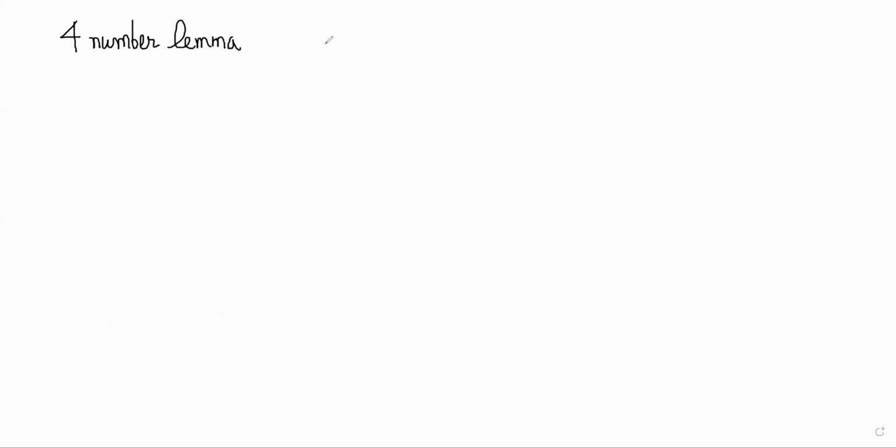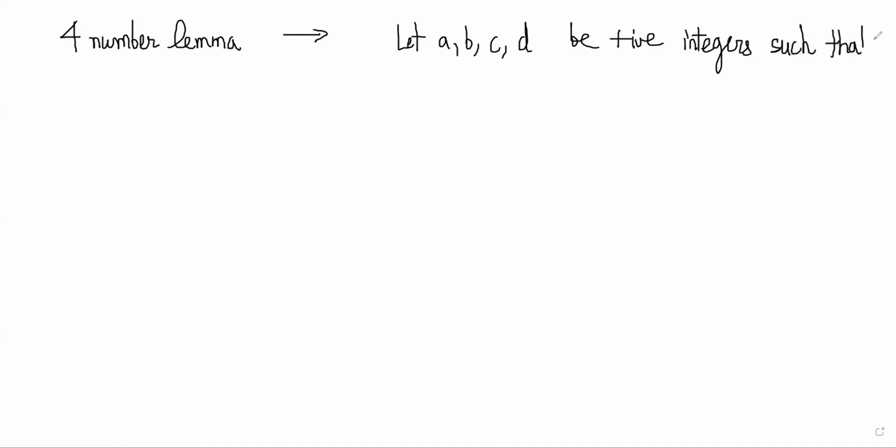Four-number lemma. This states that let A, B, C, D be positive integers such that AB is equal to CD.